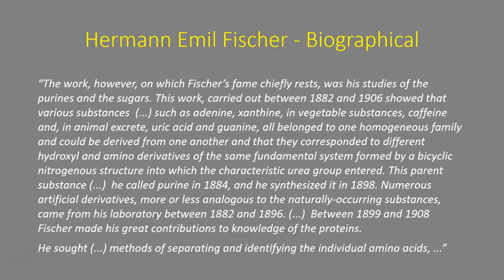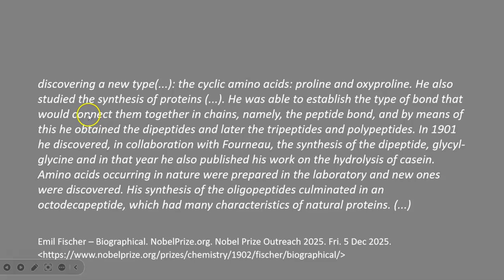He sought methods of separating and identifying the individual amino acids, discovering a new type, the cyclic amino acids, proline and oxyproline. He also studied the synthesis of proteins, and he was able to establish the type of bond that would connect them together in chains, namely the peptide bond, and by means of this he obtained the dipeptides and later tripeptides and polypeptides.